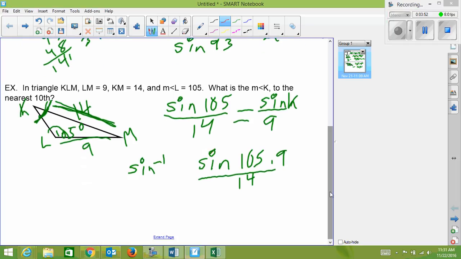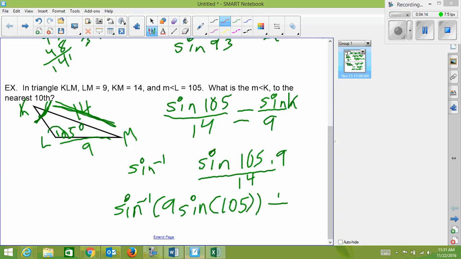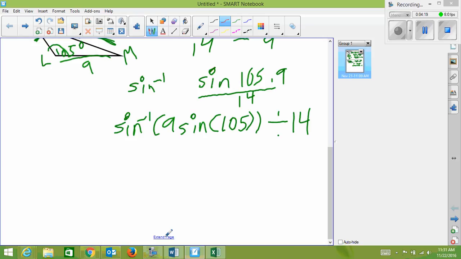If you want it to work correctly, you have to push the button sine negative 1, then do parentheses 9 sine 105. If you don't do it in this order, you're going to get a syntax error, because it's not working correctly. Then you're going to have to divide that answer by 14. And then your answer, to the nearest tenth, would be 38.4 degrees.